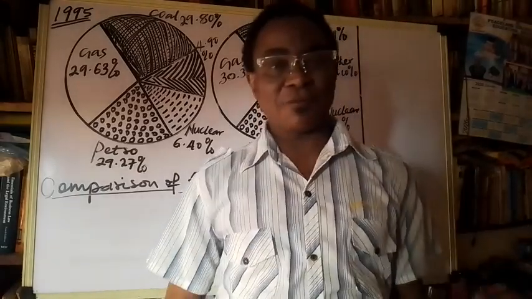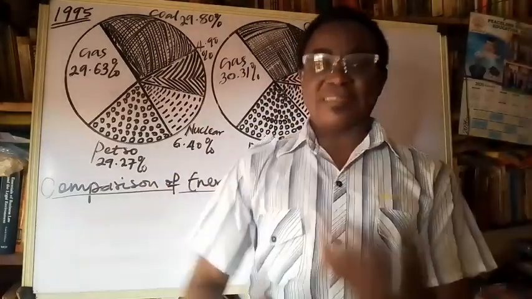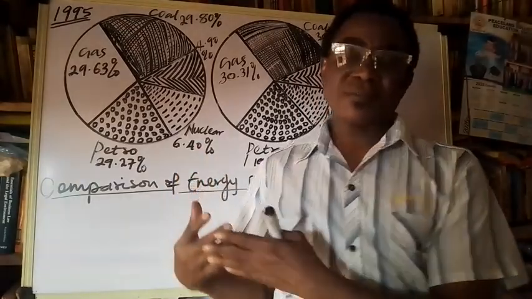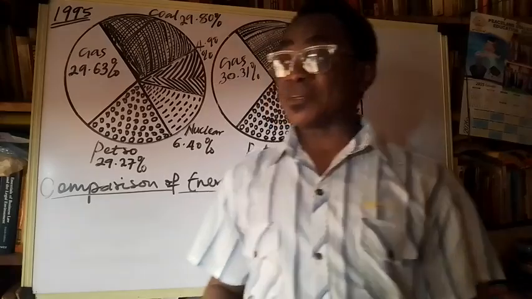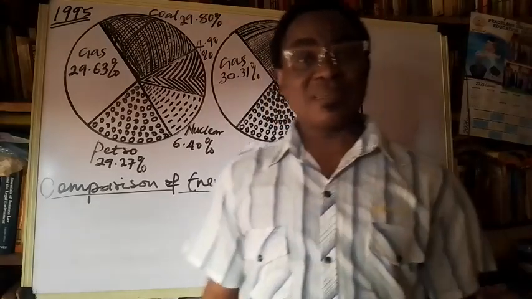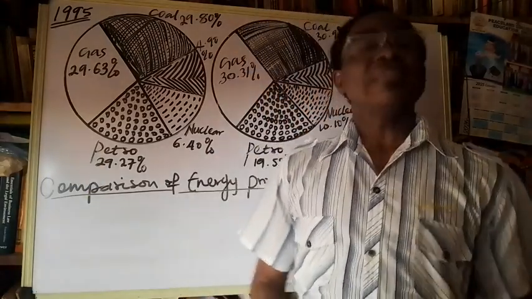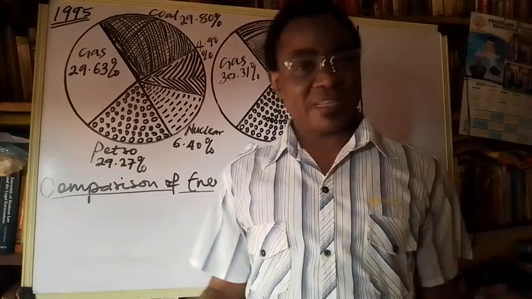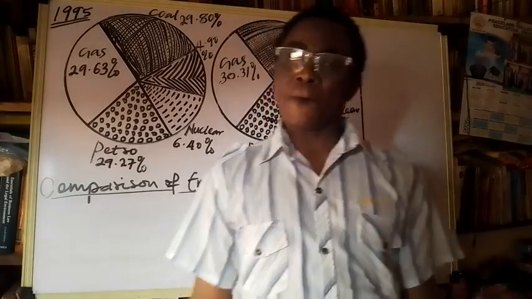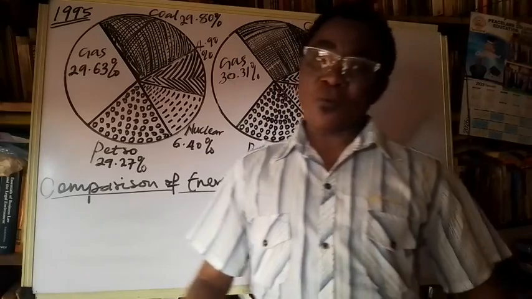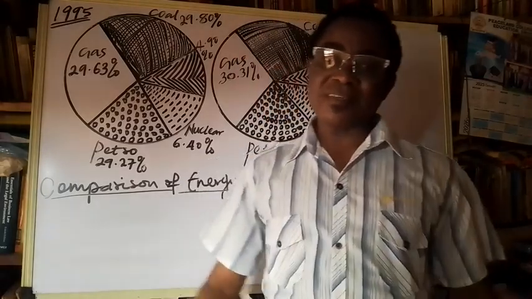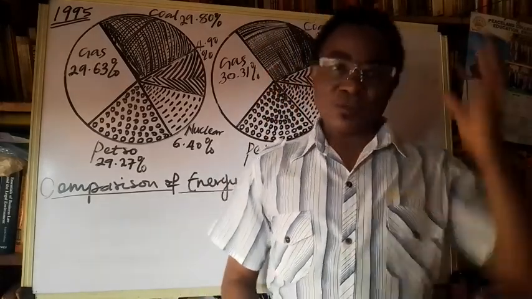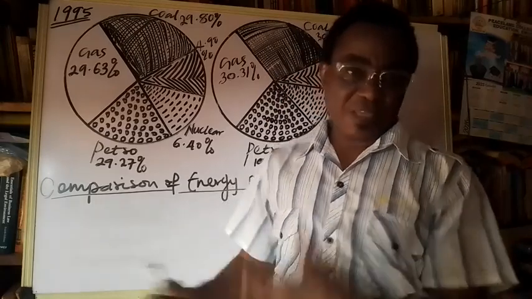The first paragraph paraphrases our basic information on the pie chart. It tells us what the pie chart is studying, the scope of the pie chart. It is studying energy production in France, in what years, which 5 energy sources are involved, and what unit of value is used to measure the figures.